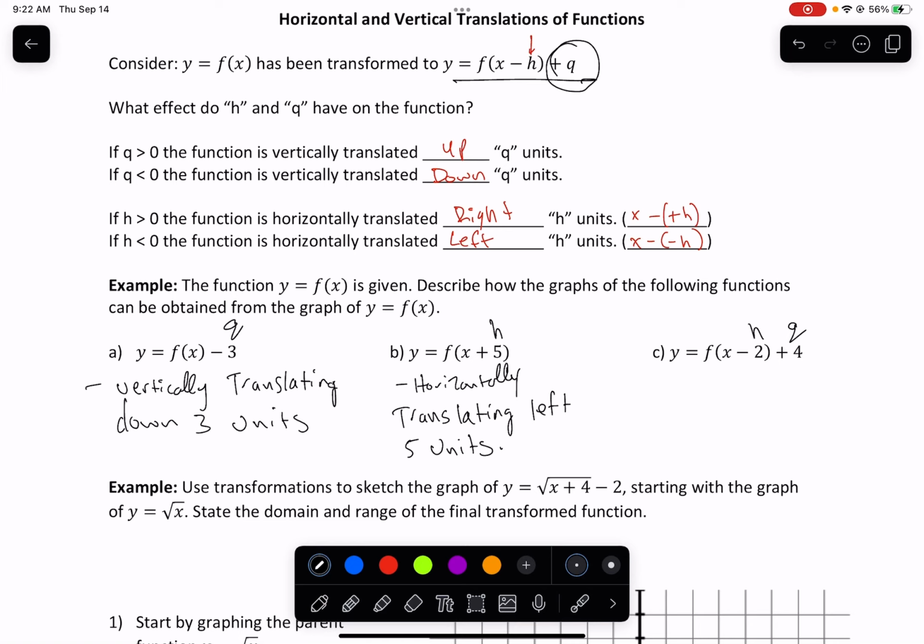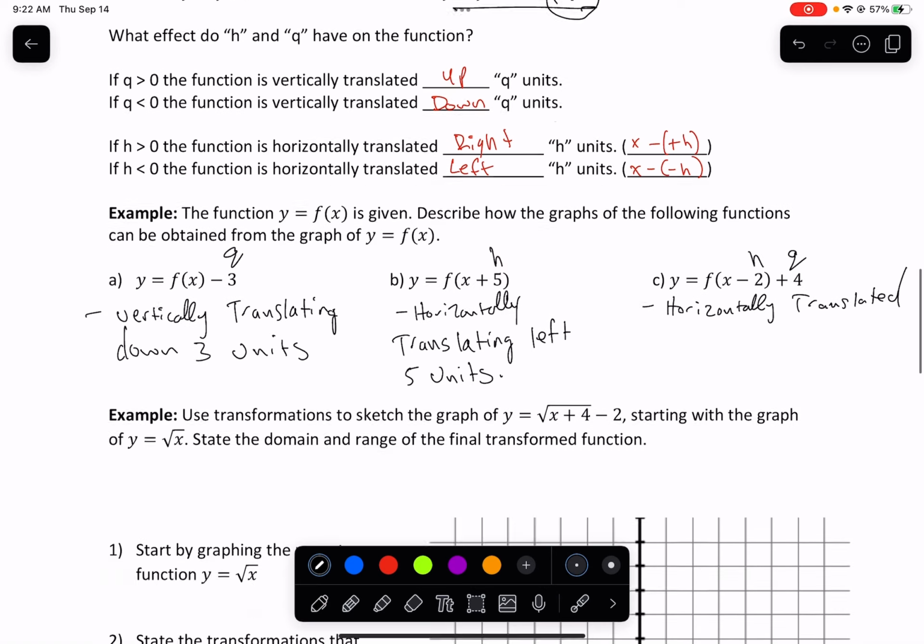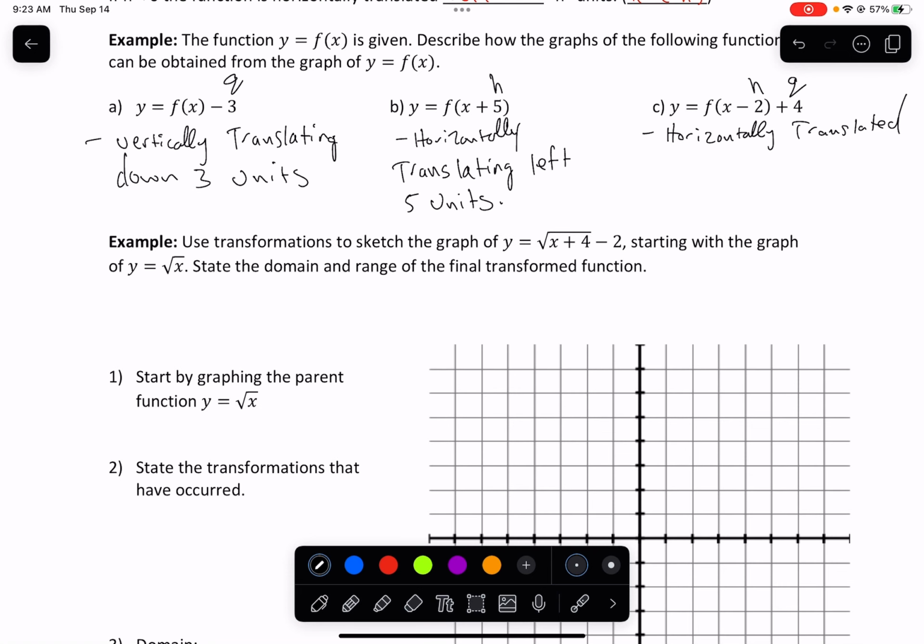Okay, so this is horizontally translated. Both of them are here. How much? And where? RJ? 2 to the right. Yeah, 2, good. 2 units right.